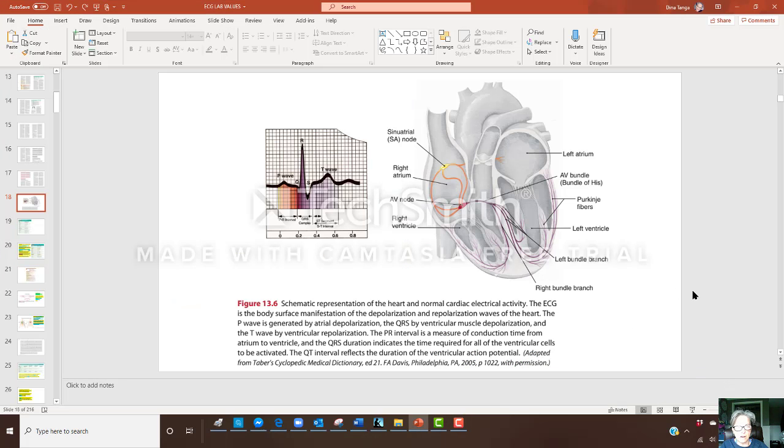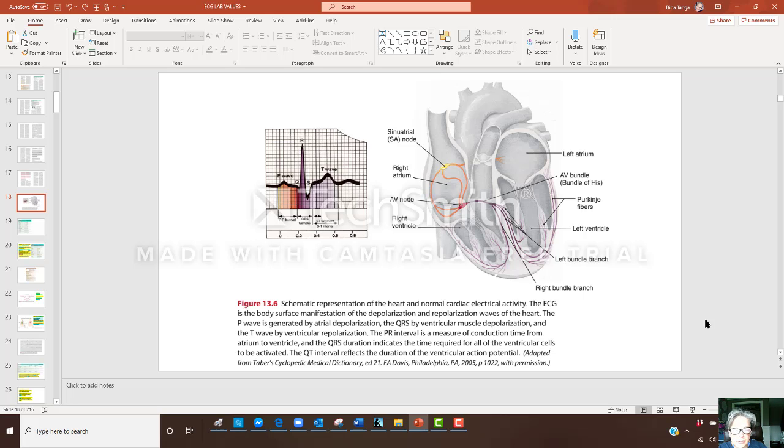Okay, so this is figure 13.6. It's a representation of the heart in normal cardiac electrical activity. An ECG is the body surface manifestation of the depolarization and repolarization waves of the heart.